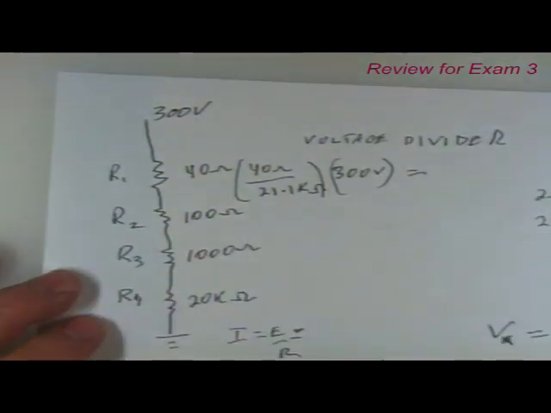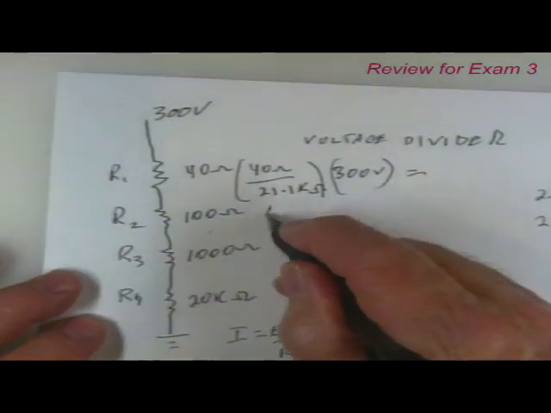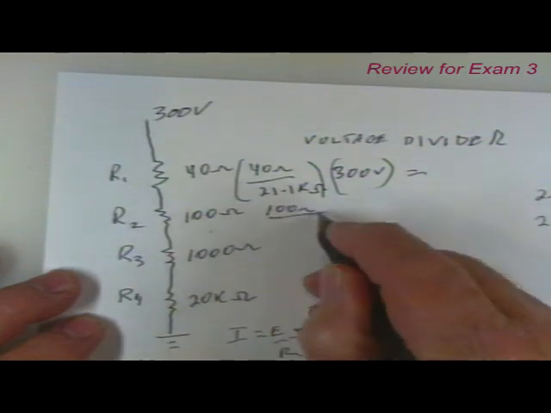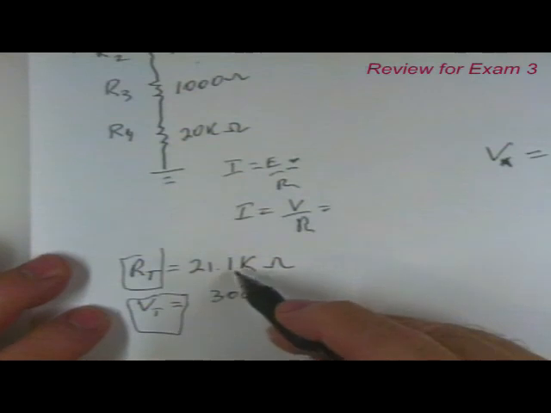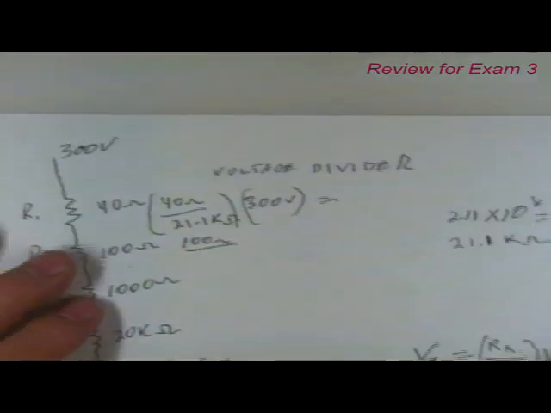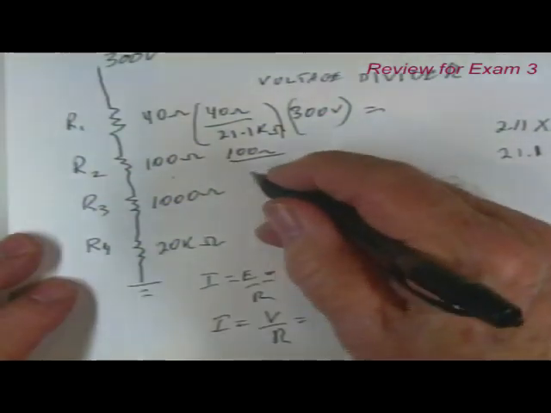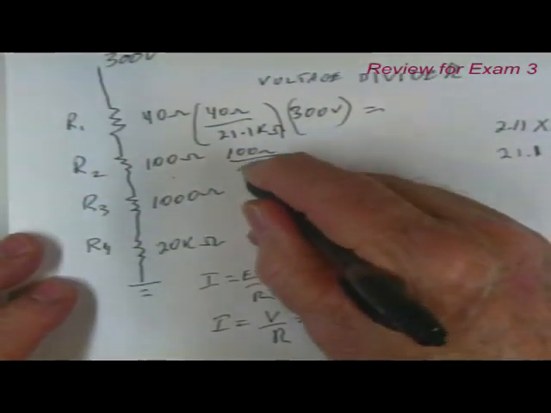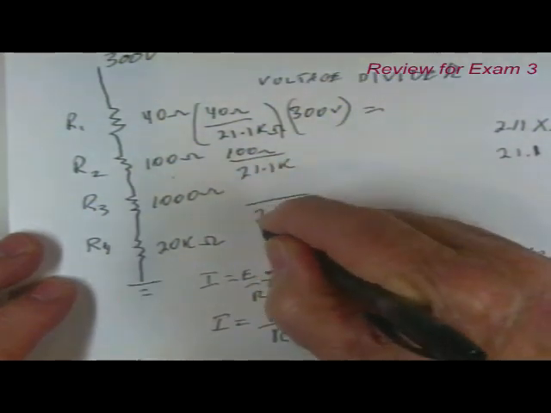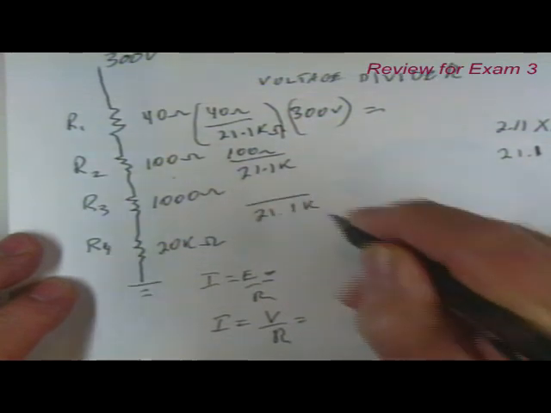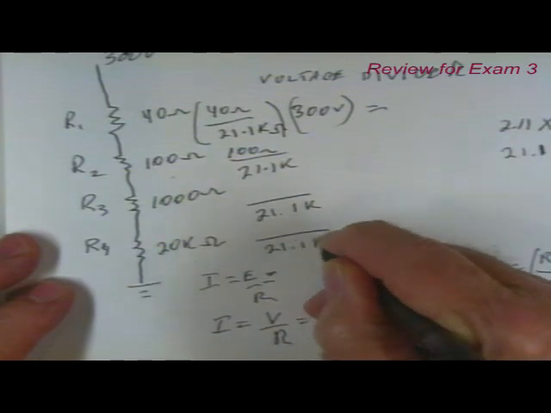Okay, we're going to use this formula here, Rx. In this case, the 100 is Rx, the 100 ohms, divided by RT, and RT we figured out was 21.1K. Now, for your knowledge, in this formula it's always going to be 21.1K, so you can go right down the line, 21.1K.